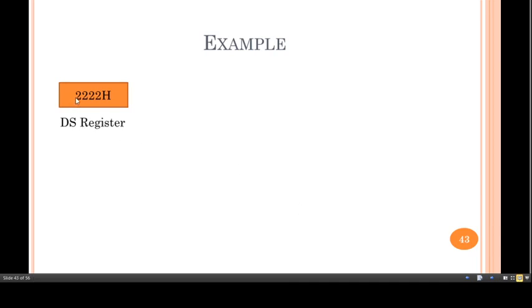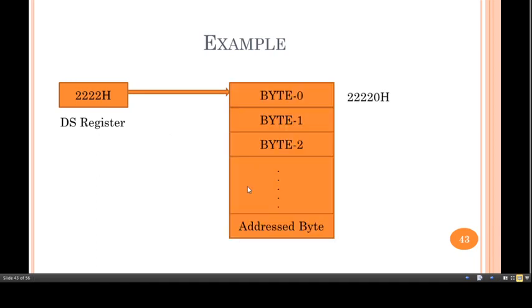Here the same example is represented. The data segment register has the contents 2222H. This specifies the starting address of the data segment. So here 0 is appended at the LSB of DS and we get the starting address of the data segment, which is 22220H. At this starting address, the first byte is stored, which is called byte 0.